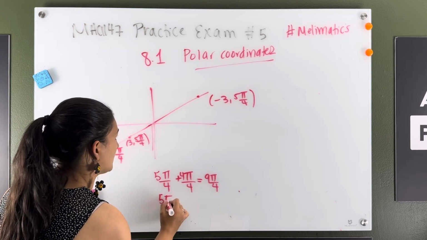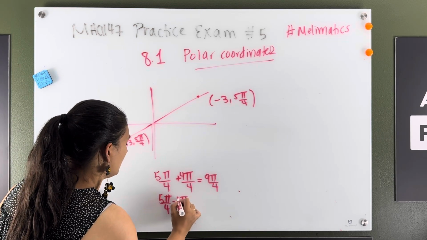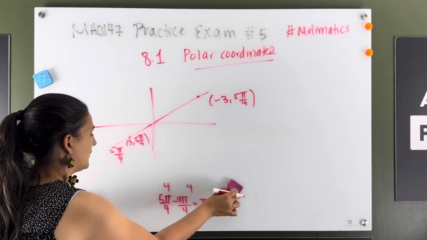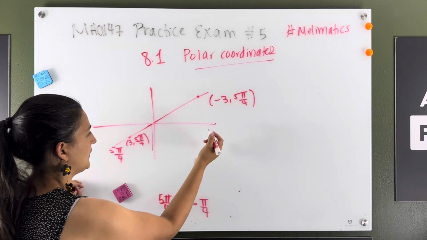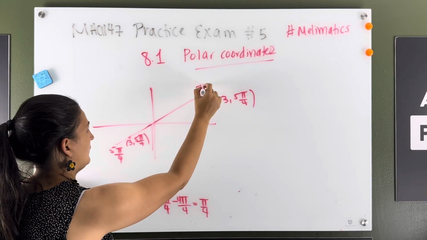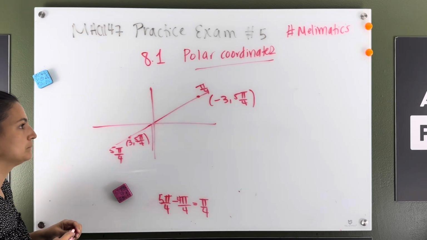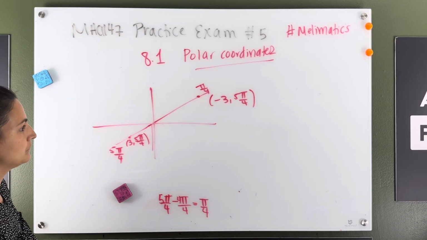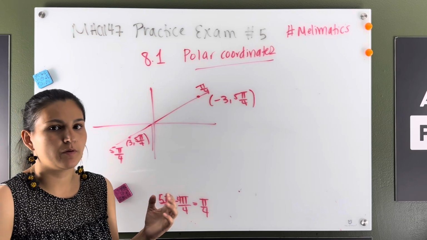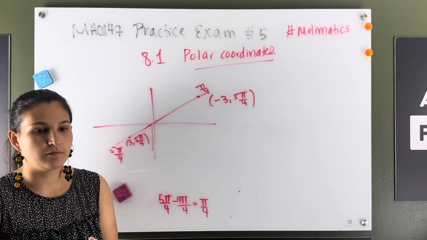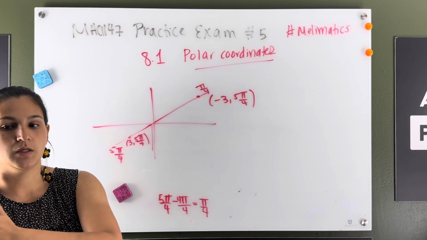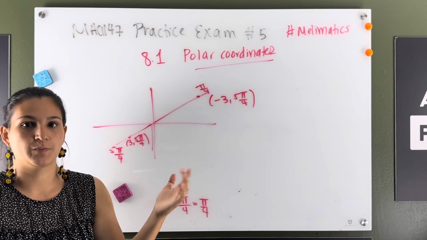I'm going to go ahead and subtract the pi. Of course, you need common denominators. And so then it would make sense in terms of where I'm at. So if you really want to check where that spot would be, pi over 4. Okay, but again, you know how to do that. We've already gotten used to making your r positive, finding where your theta is, and then if you need r to be negative, just go in the opposite direction, which would be the quadrant diagonal to it, and then that will be the spot, label it, okay?